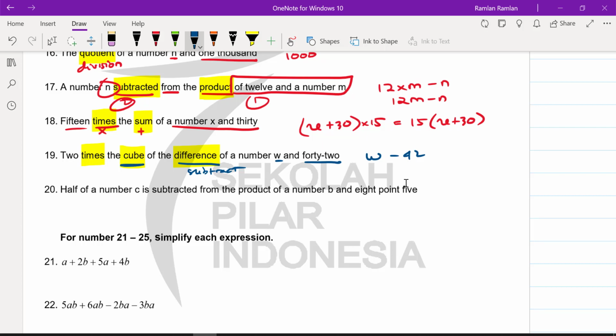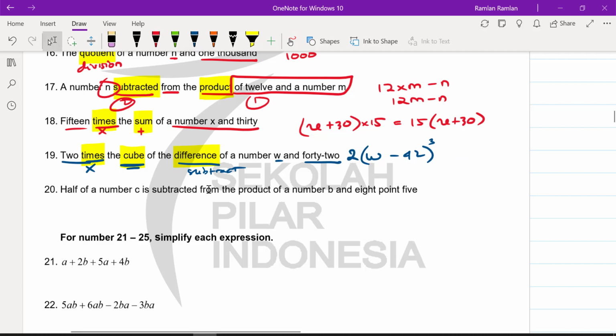But again, remember guys, the one that's being cubed is not just the 42, it's not just the w, but it's the whole thing. So you need to put bracket on it and then to the power of 3, right? That's a cube. And then the 2 times means you multiply by 2. But again, guys, you can do the same thing like this one here, which is the 2 goes to the front. So it's going to be like this.